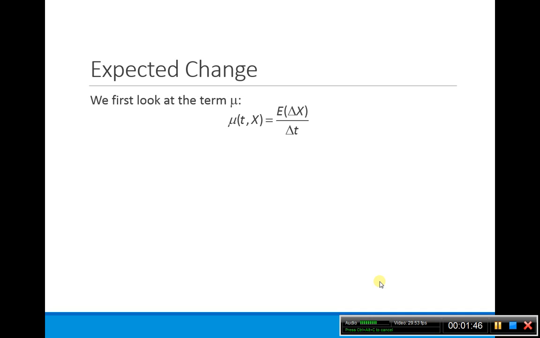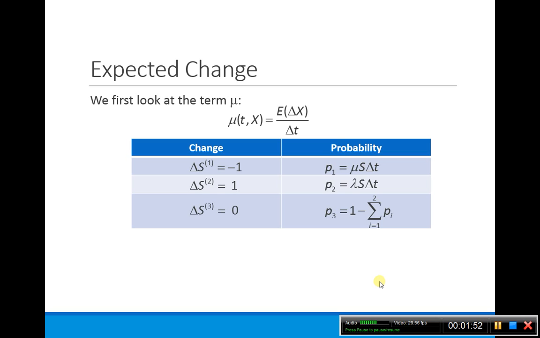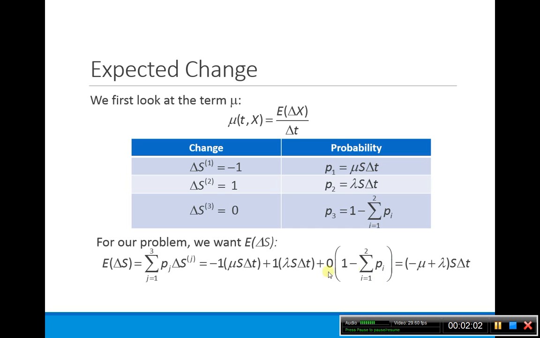We look at the first term, mu. Mu is given by the expected value of delta x divided by delta t. This is the table that we had before, which helps us here. What we need is E of delta S, and if we have that, we can find our mu. The formula for E of delta S is the sum of all of our probabilities times the change.